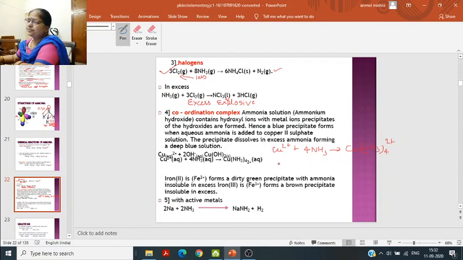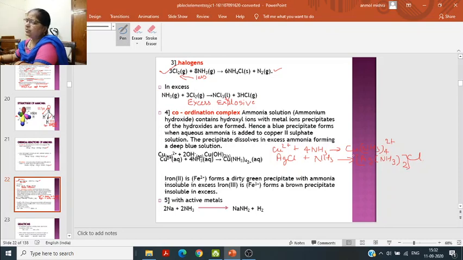Similarly, when ammonia reacts with silver chloride, it forms Ag(NH3)2 Cl, that is diammine silver chloride.